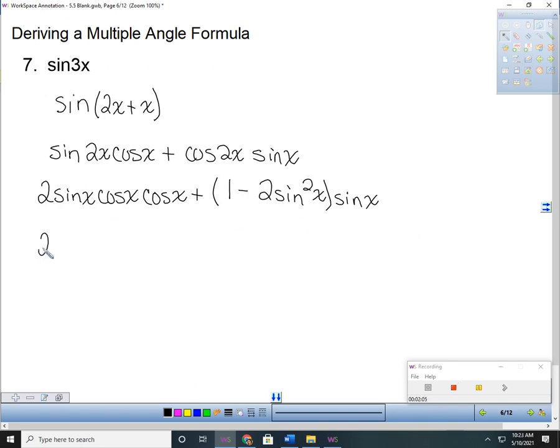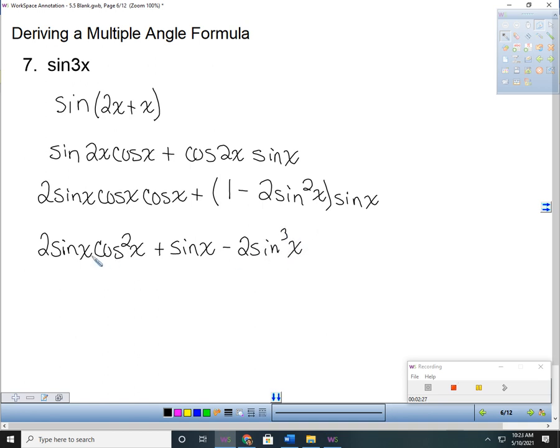I've got 2 sine x, and then cosine x times cosine x is cosine squared x. And then I'm going to distribute the sine x, so that gives me sine x, and then minus 2 sine cubed x.